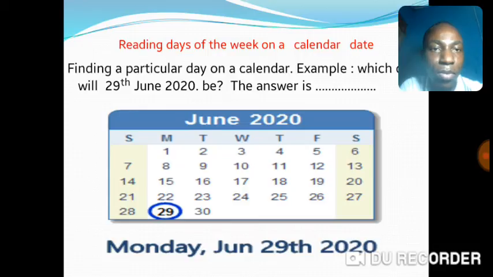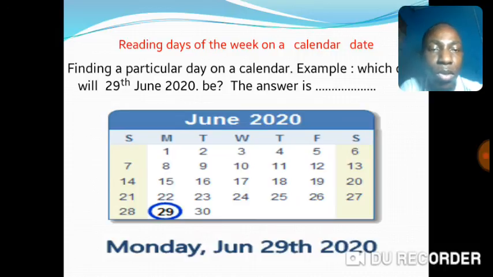On top, we have S, M, T, W, another T, F, and S. And as I said earlier, the first S stands for Sunday. The M stands for Monday. The T for Tuesday. W for Wednesday. T for Thursday. F for Friday. And the second S stands for Saturday.